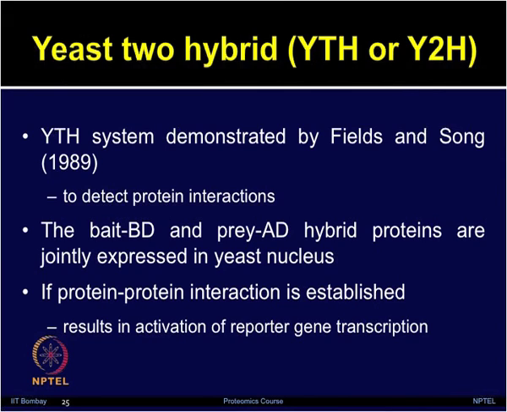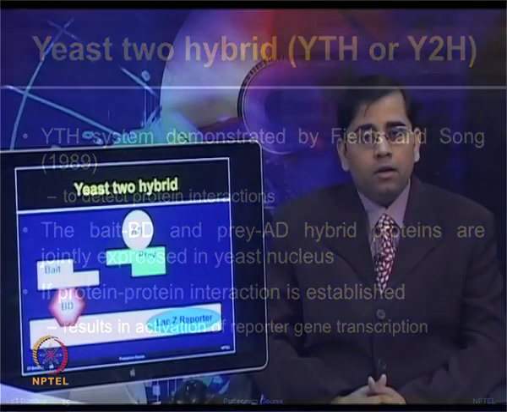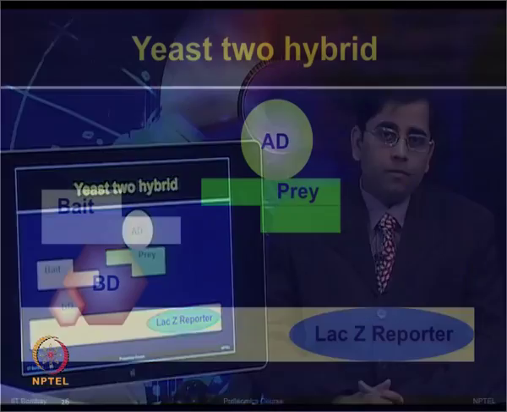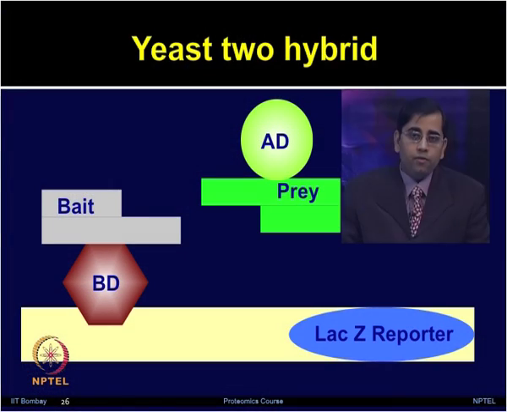These hybrid proteins are jointly expressed in the yeast nucleus. If the protein interaction is established between the bait and the prey, which are coupled with the binding domain and the activation domain, then the transcription will occur. As you can see in this slide, the transcriptional activator for the two-hybrid system consists of two protein domains.